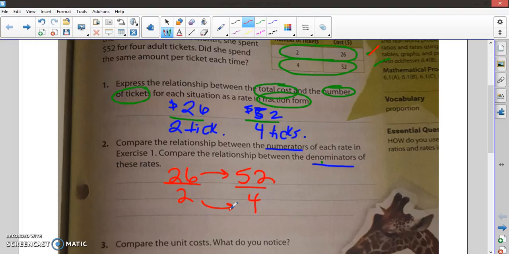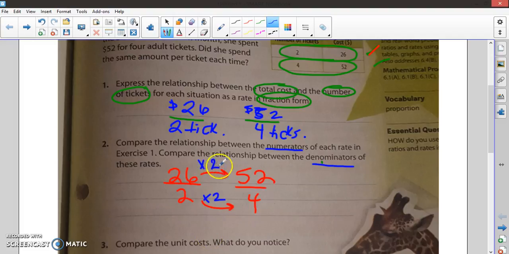Okay, so now you should have kind of thought of a relationship. So the relationship they're looking for is, and I would start with the denominators because it's easier to see, that 4 is 2 times 2. 2 times 2 is 4. So for the top, what I can do is check to see if it has the same relationship.